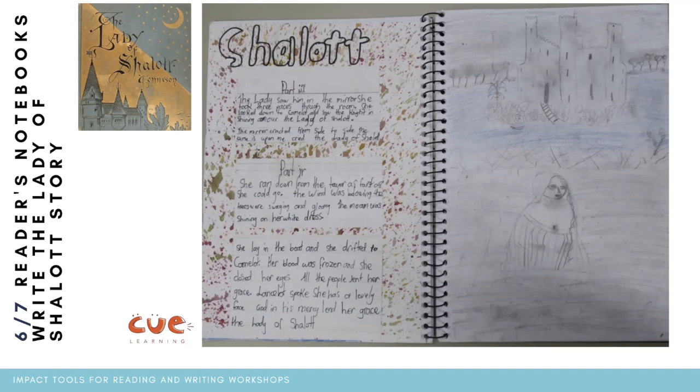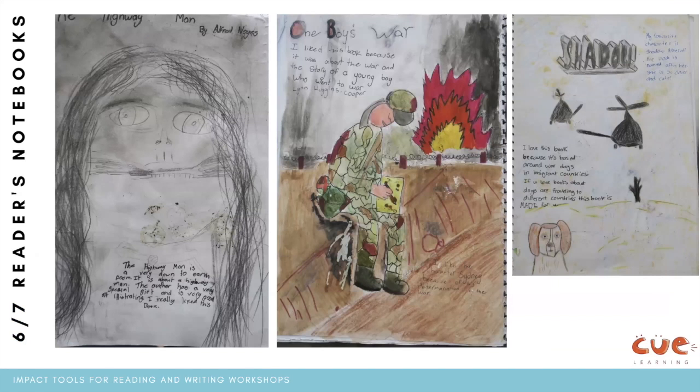It's such a good example of how literature can then elevate our own writing by the way that we can write with it. So we can see here the retelling and illustrating. A few more examples here from some books that they'd responded to in singular pages in this instance.